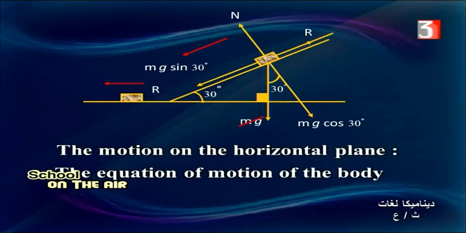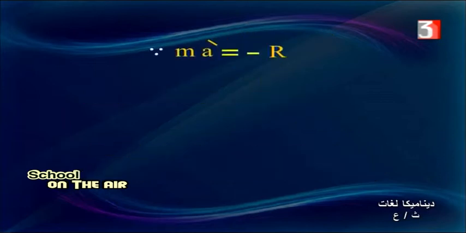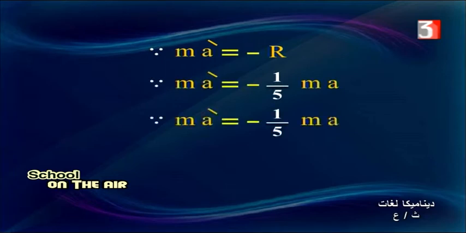The equation of motion on the plane, ma dash equals negative R. Then ma dash equals negative 1 over 5 mg. Then a dash equals negative 1 over 5 times g.